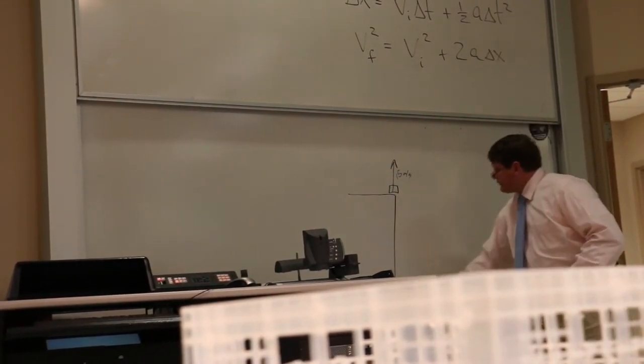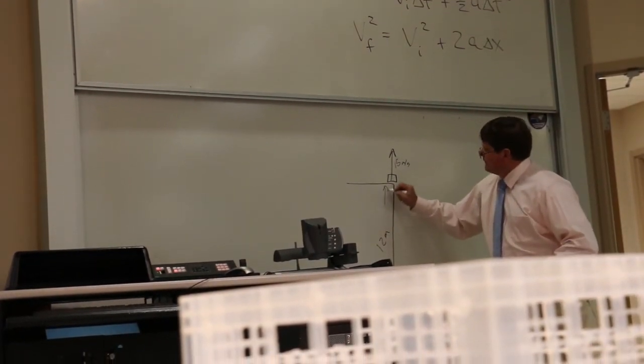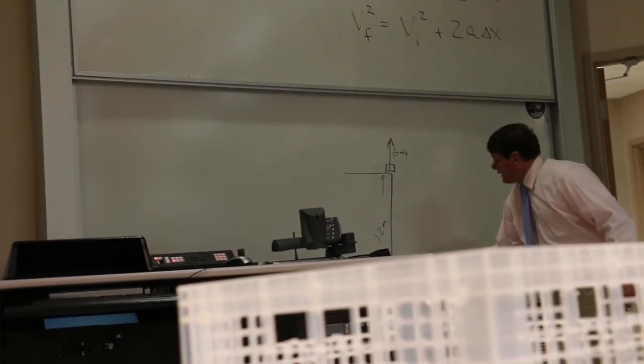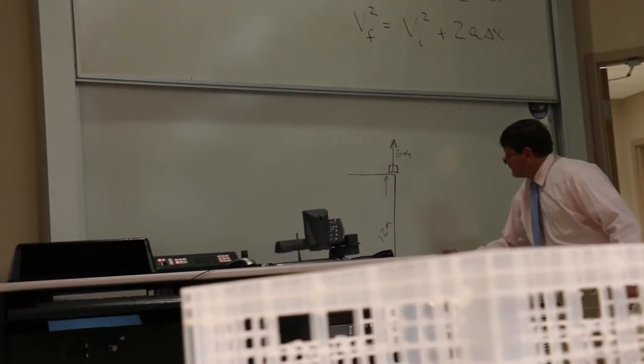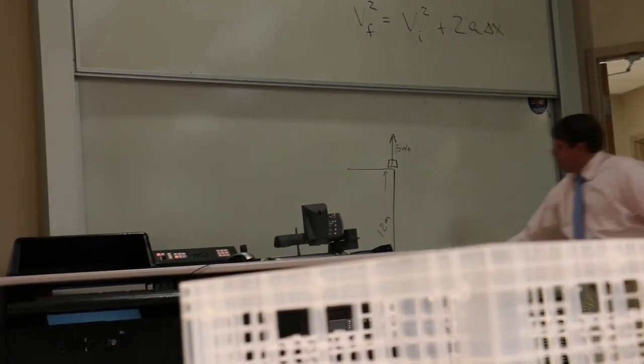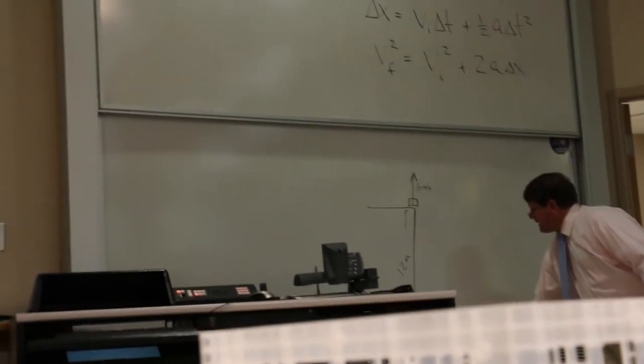And it lands a distance 12 meters below, and you want to know how fast the book is going. That's the international symbol of motion. What's that final velocity?